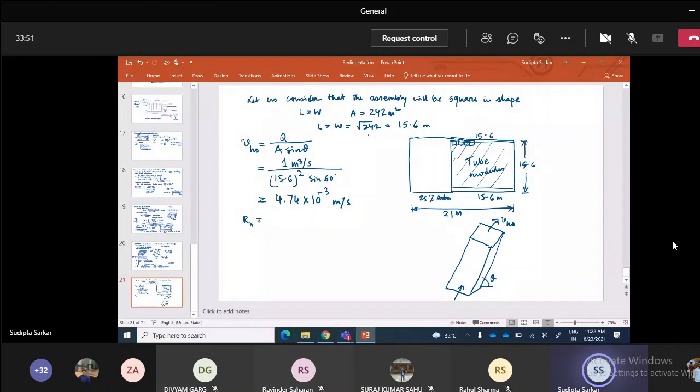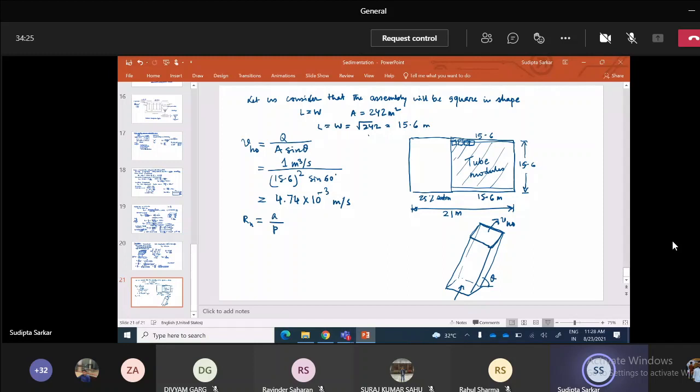The water is flowing through this tube module, and the wetted perimeter is all the sides of the tube. So RH, hydraulic mean radius, equals area by wetted perimeter.